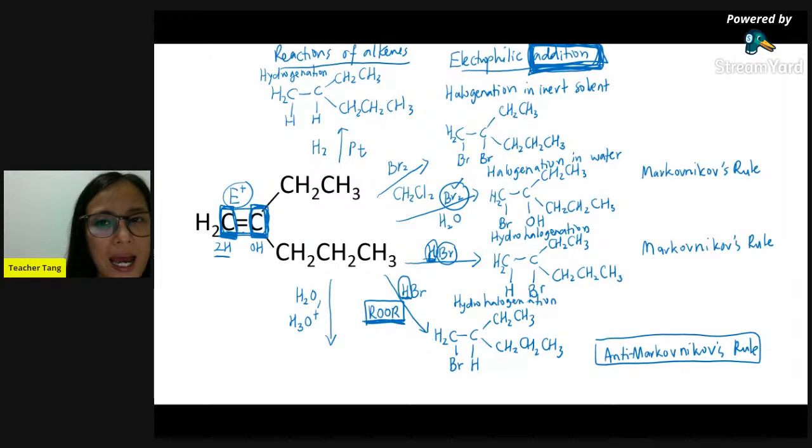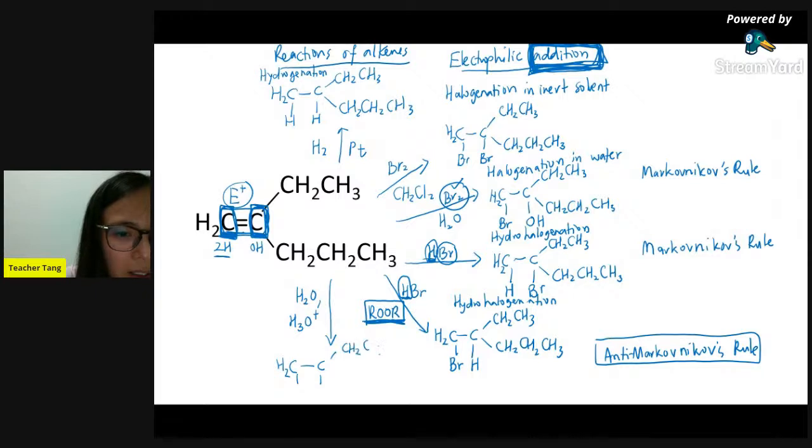If electrophilic addition, then the carbon-carbon double bond will become a single bond. The rest is not affected, we just copy.